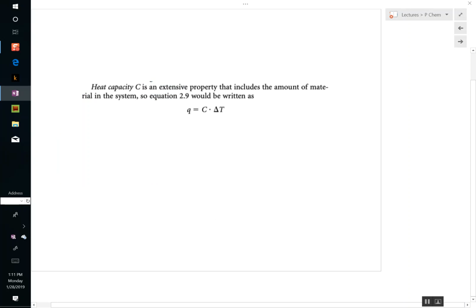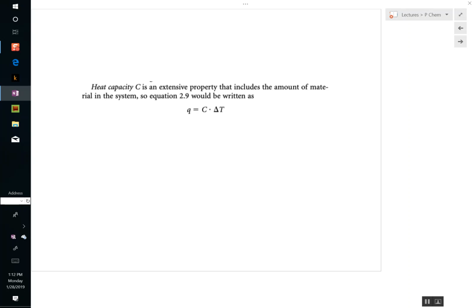So a change in temperature is going to be the same number of degrees, whether you're running off of a Kelvin or a centigrade thermometer. Now, heat capacity is an extensive property that includes the amount of material. So you get a very similar equation: Q equals C, the heat capacity, times delta T. The heat capacity is the specific heat and the mass of the material combined.